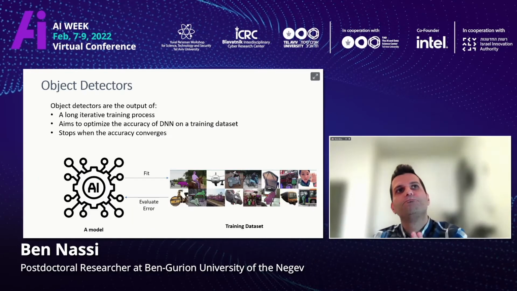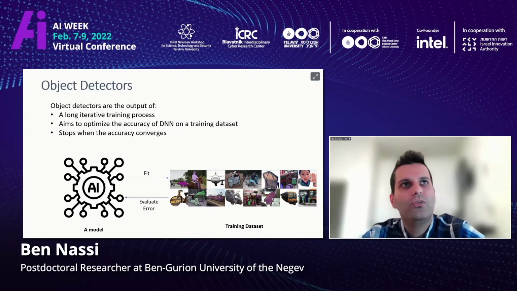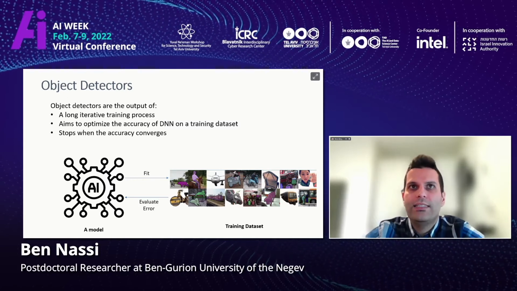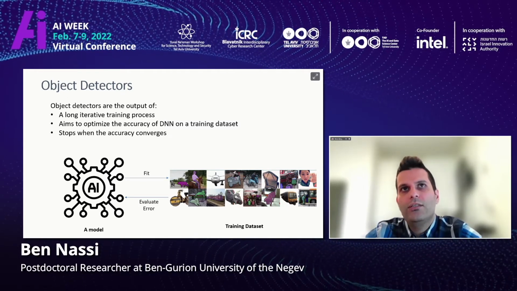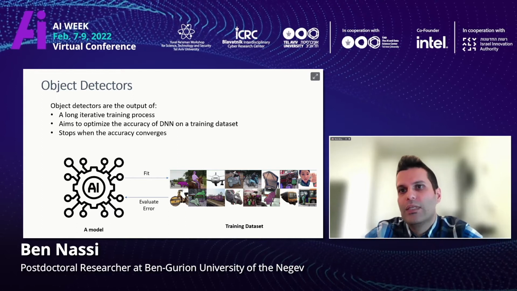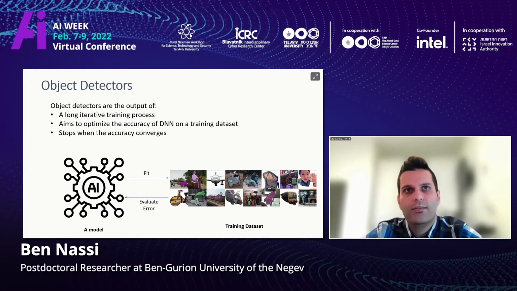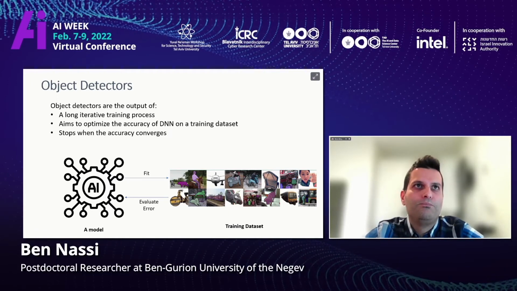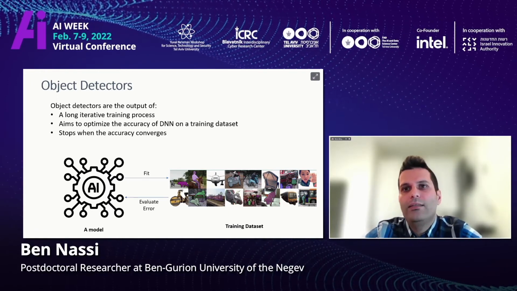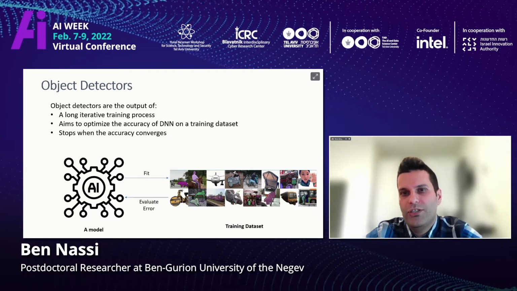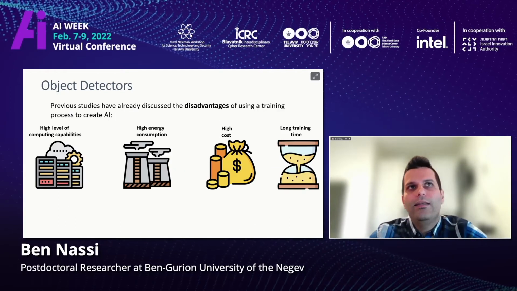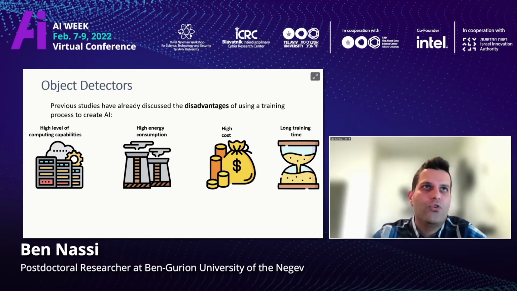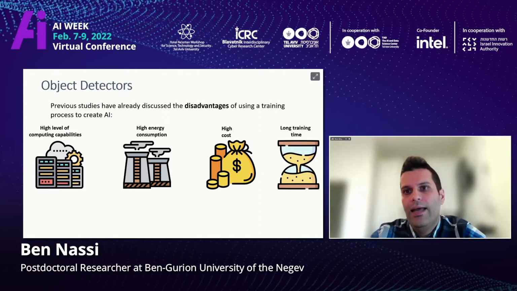So let's review how we actually create object detectors. Object detectors are the output of a long iterative training process where we aim to optimize the accuracy or some other condition of a deep neural network on a training data set. And we stop this iterative training process when the condition converges. Previous studies have already discussed the disadvantages of using a training process to create AI models.